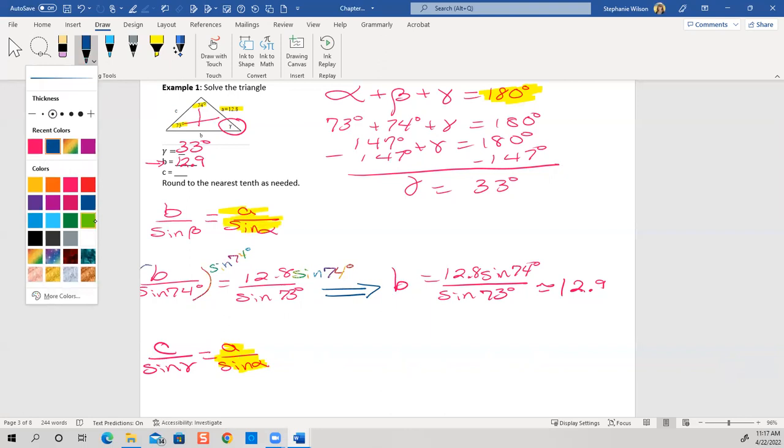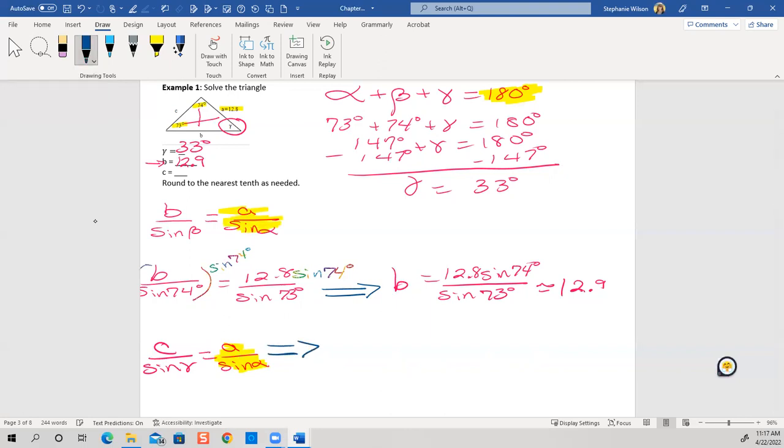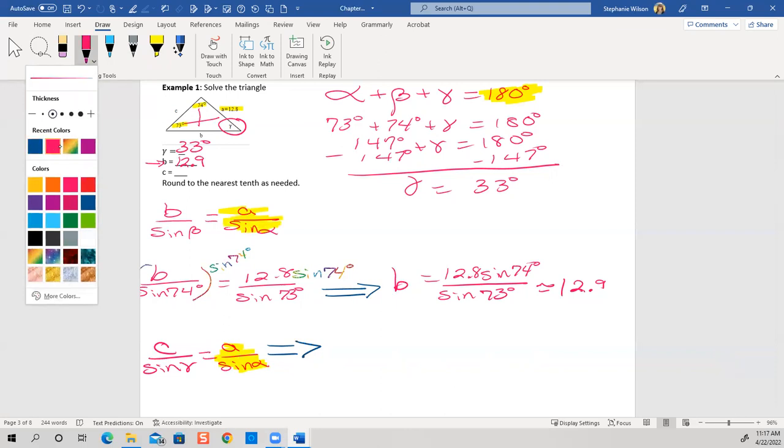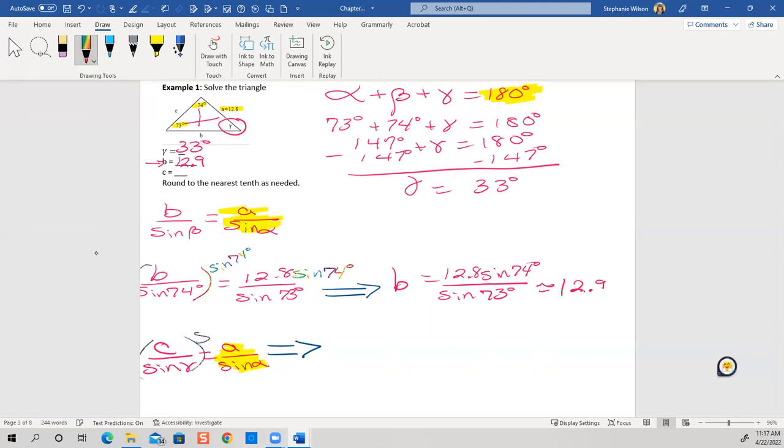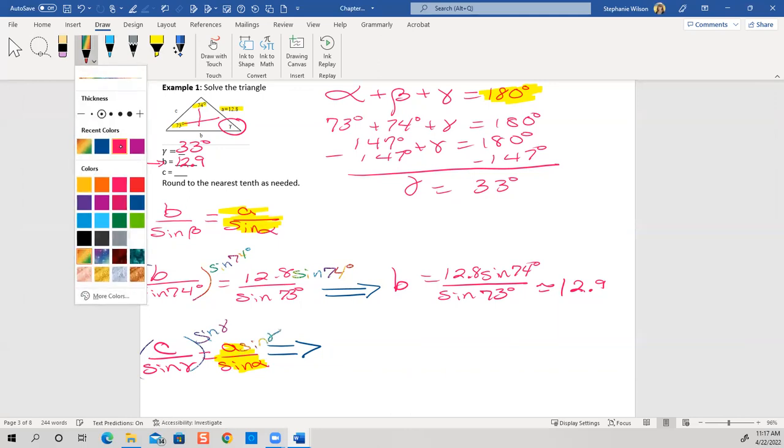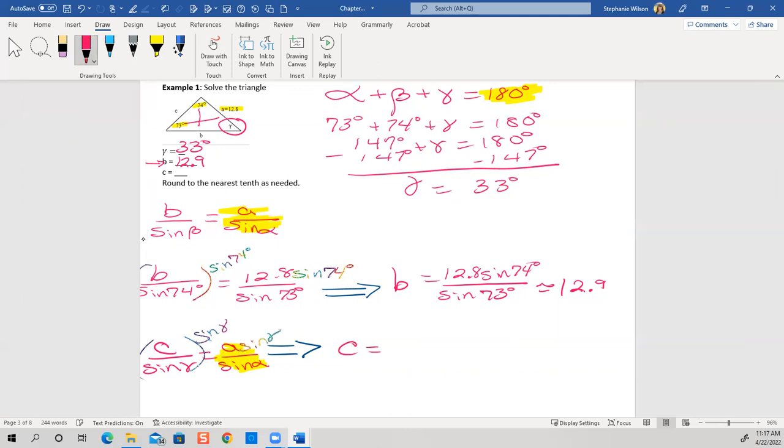Now, I'm going to solve for this one. I need to solve for C. You can plug in now and then solve for C, or you can plug in after you solve for C. But I'm going to go ahead and do it now. Let's multiply both sides by that sine of gamma to get it out of the denominator. So now I got C is equal to A sine of gamma over sine of alpha.